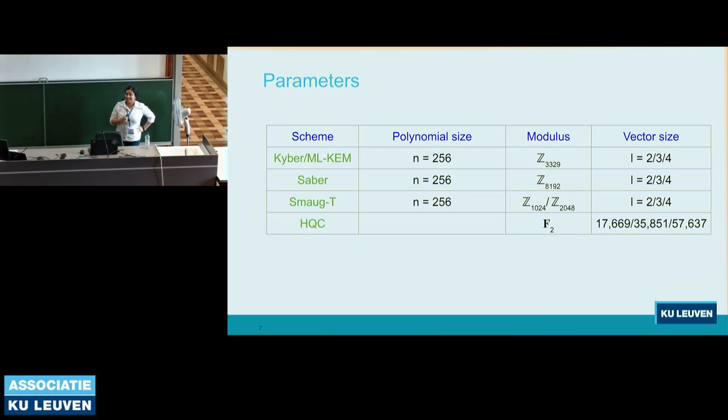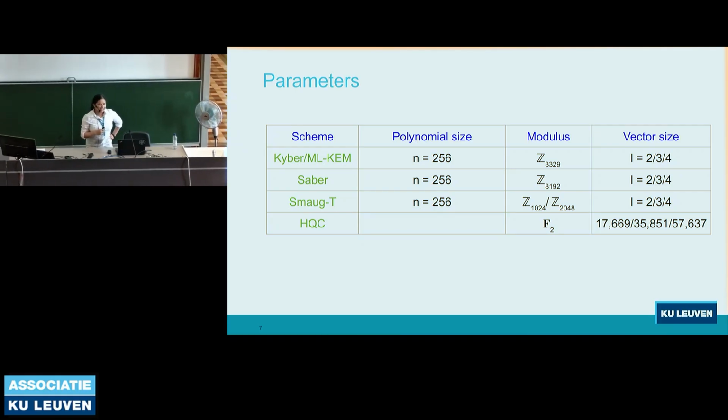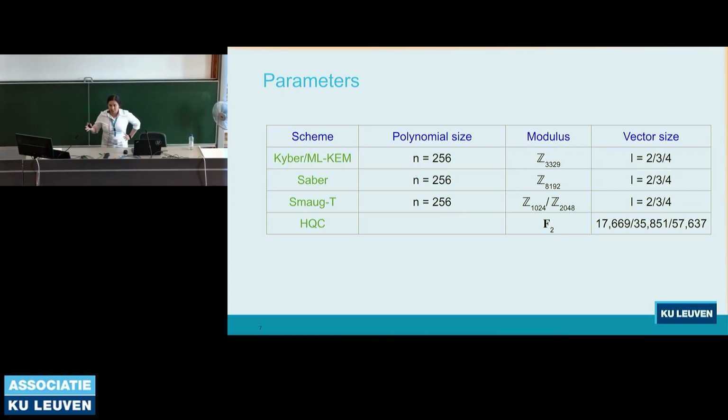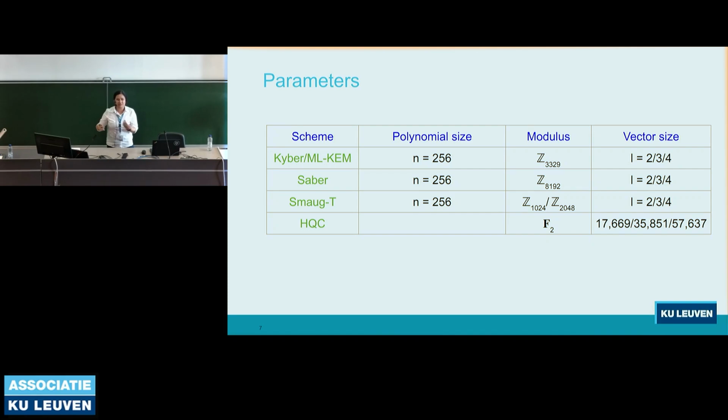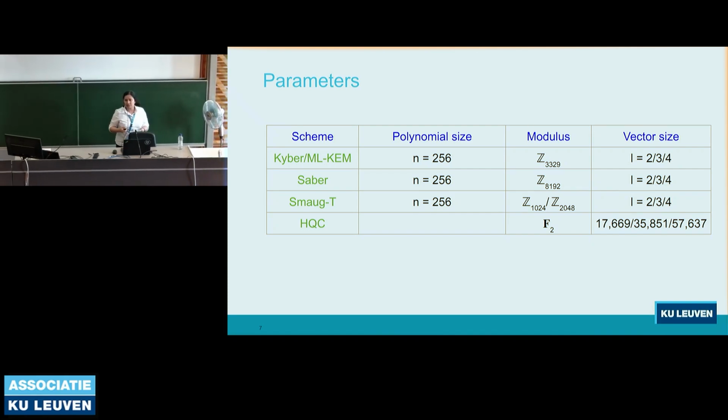Apart from that, there is HQC, a code-based standard that also uses multiplication techniques. It's a similar polynomial multiplication technique. Although it doesn't have polynomials, it does vector multiplication, but very similar, and complexity-wise it's also very similar.